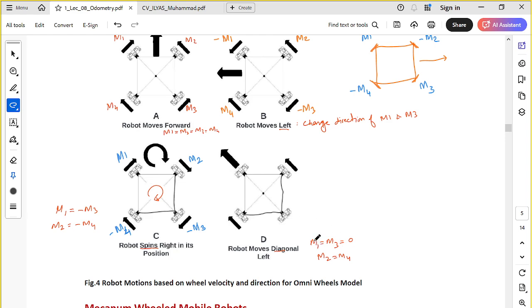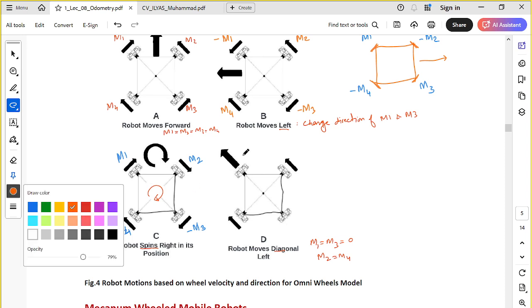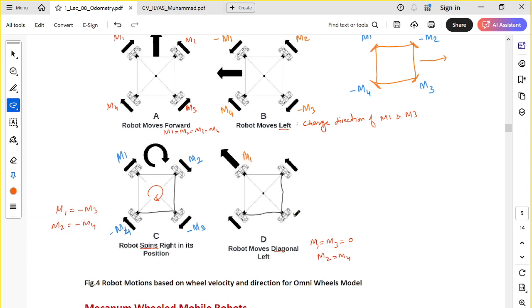We stop the M1, M3 motors. This is M1, this is M3. We stop them and only move M2 and M4 in the forward direction. If we do this, our robot will move in a diagonal direction leftwards.